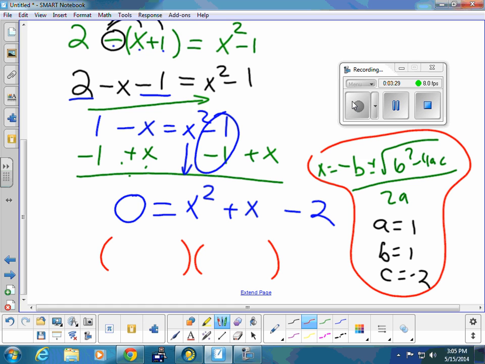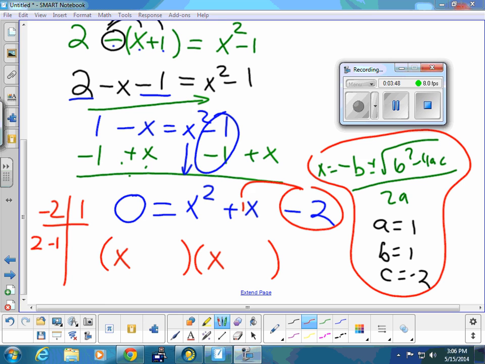triple starts with x, two parentheses. So we look for numbers that multiply to negative 2 and add up to 1. And those are going to be, negative 2 to add up to 1 would be what? Okay, so it's going to be 2 and minus 1.